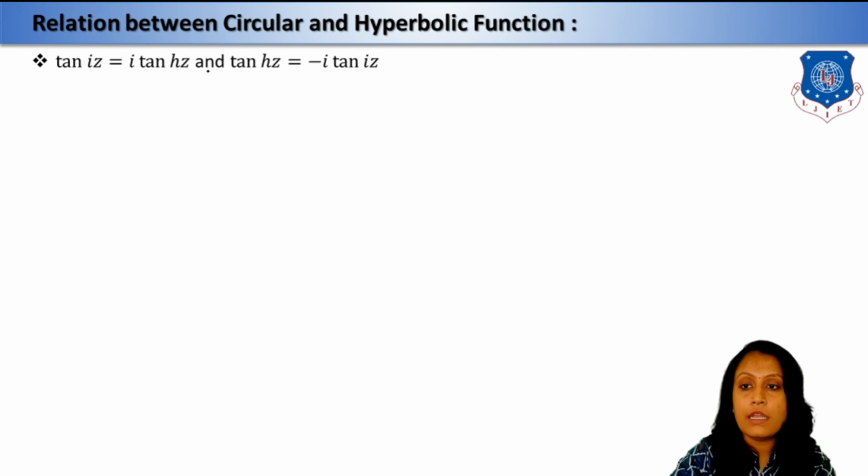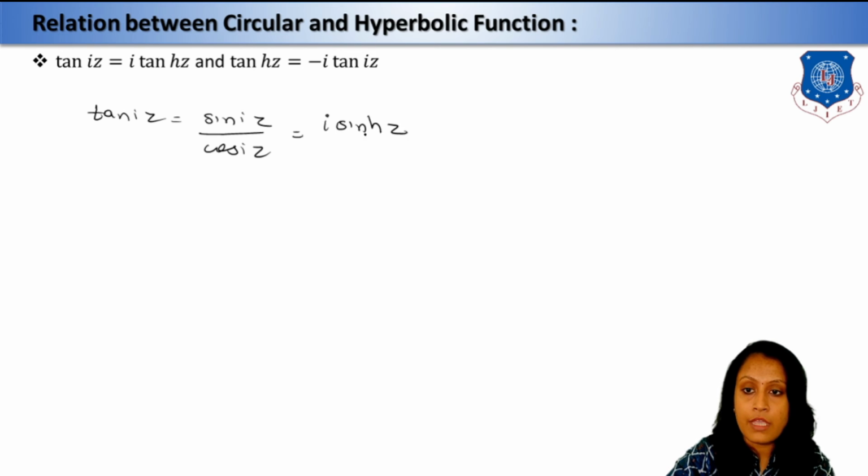Now the next result is tan iz is equal to i tanh z, and from this we will prove that tanh z is equal to minus i tan iz. So firstly tan iz, this we can write as sin iz upon cos iz. Now we know the result that sin iz is i sinh z, and cos iz is cosh z. So this is i tanh z.